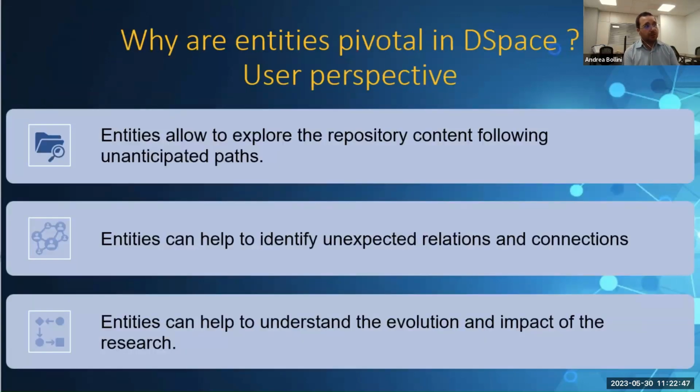And also from the user perspective, entities are fundamental, are pivotal in DSpace because they enable you to discover content by unexpected, unanticipated paths. So you cannot know the reason why an external user is going to explore your content, what they are looking for.